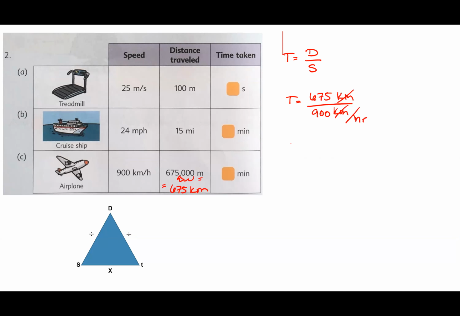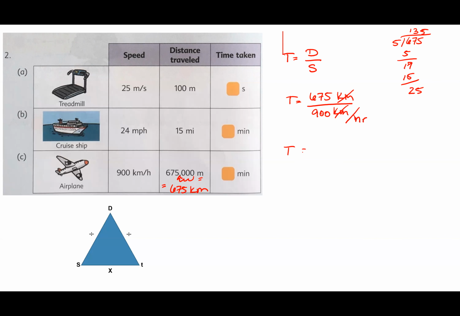Okay, so let's start doing some simplifying. Where should we start? We could start by 5. Sure. Let's divide 675 by 5. You guys should be doing this on your own, not just with me.